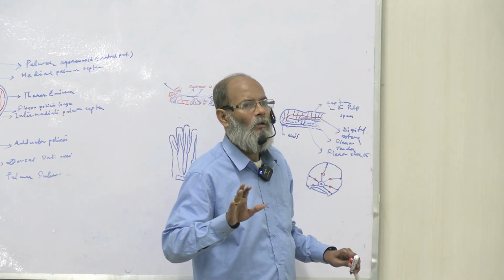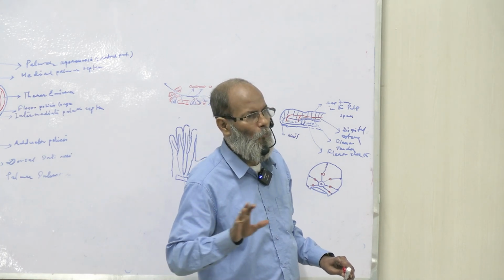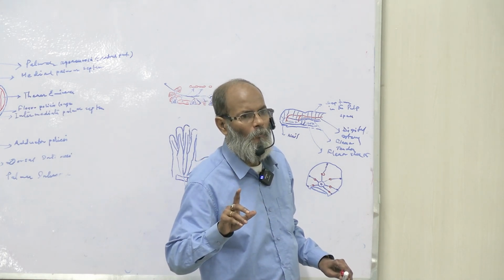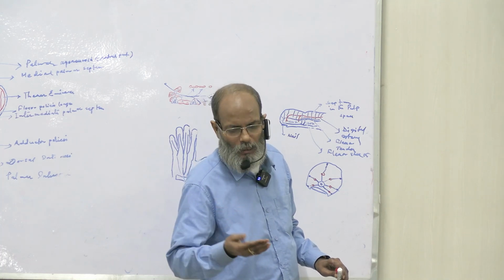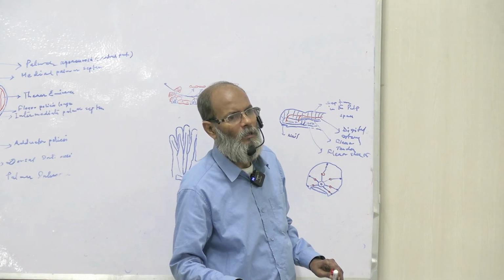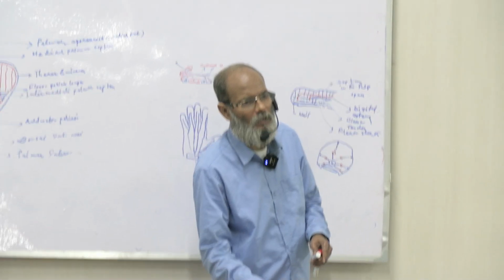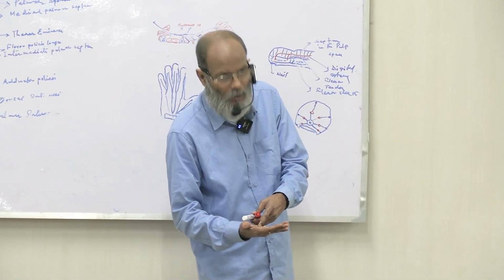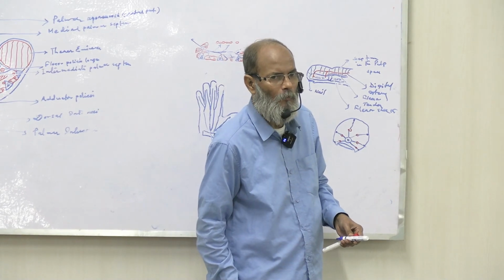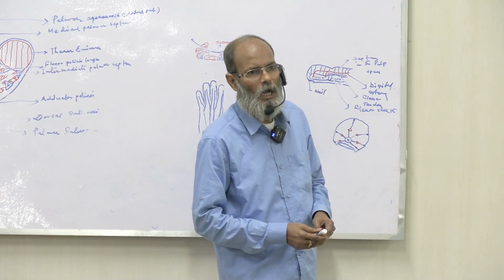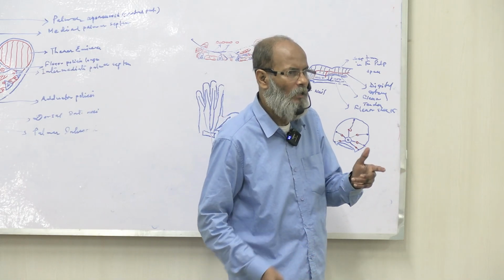Remember, the ulnar bursa and the radial bursa are opened by 2 incisions. When there is pus, it is opened by 2 incisions. One is at the distal finger crease and another is at the distal palmar crease. You give one incision transversely here and another incision at the distal palmar crease, and open the space, okay? For that you need to know which nerve branch is there, otherwise you will cut the nerve.